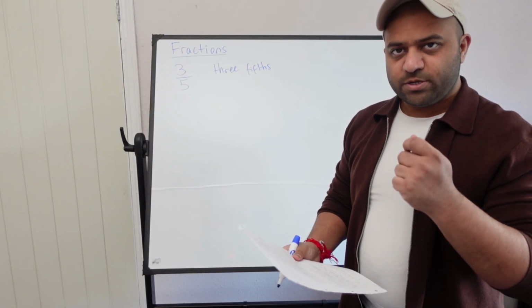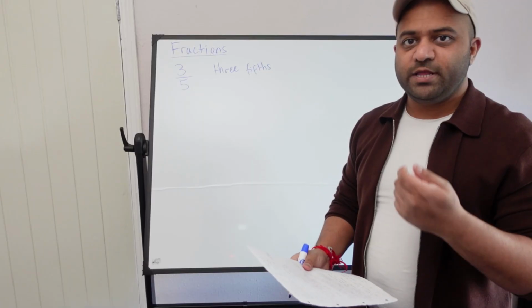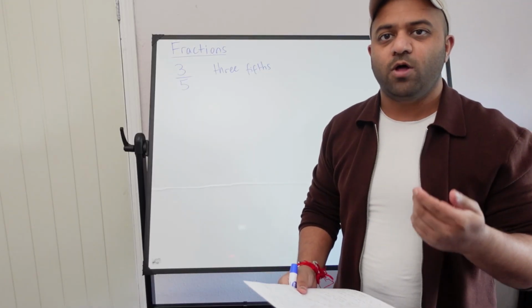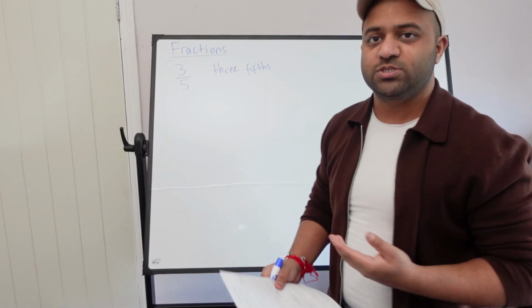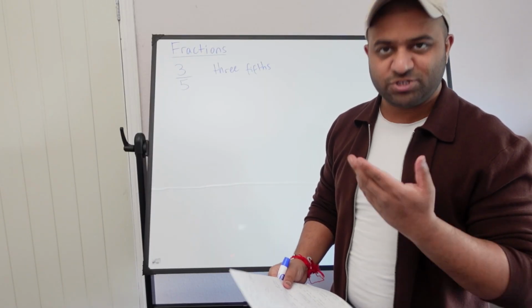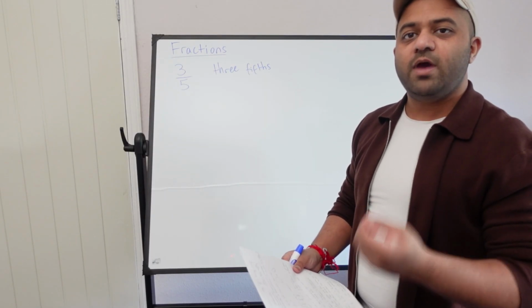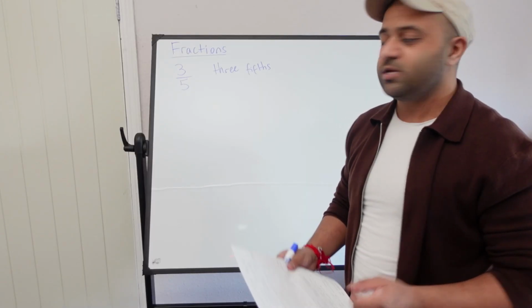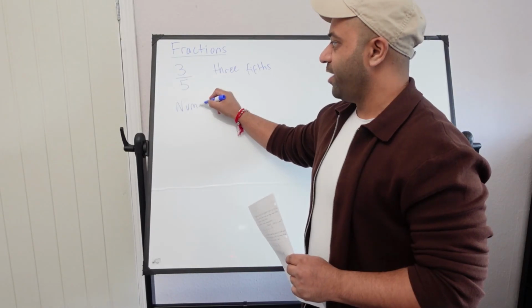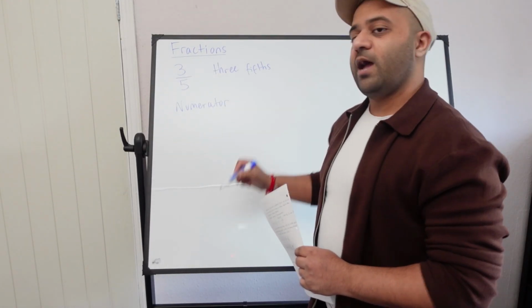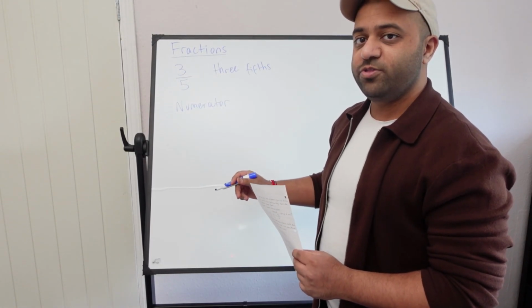Well, in order to answer that question, we need to take a look at what this number on the top of the line and the number on the bottom of the line actually represent. So you may have come across something known as the top number being a numerator and the bottom number being called the denominator.